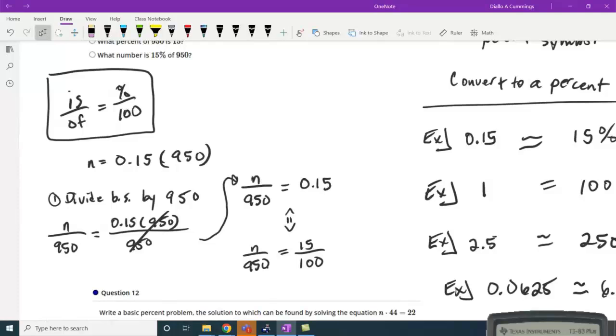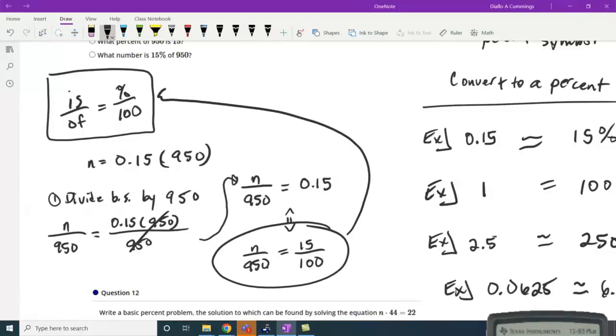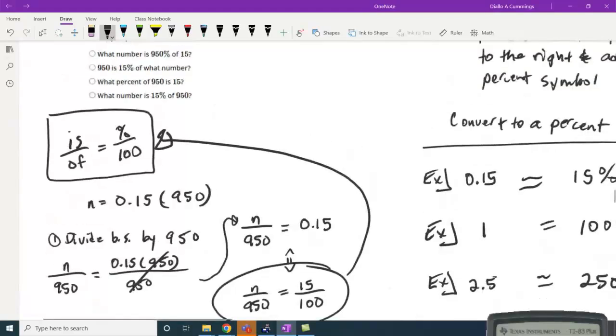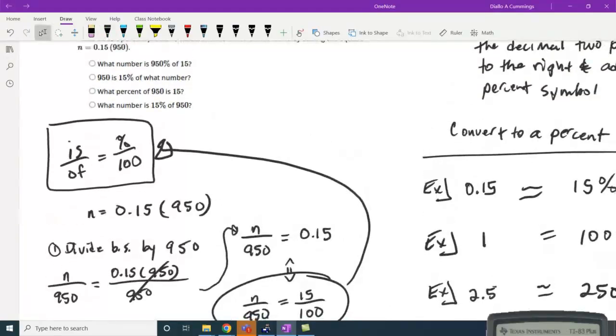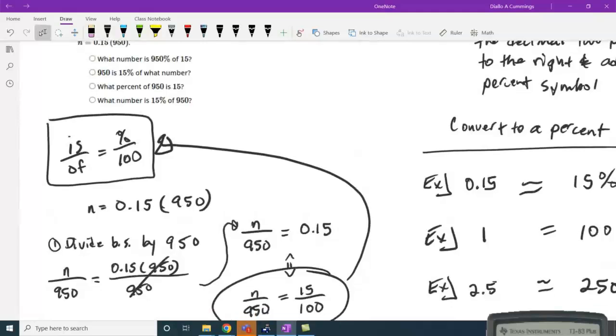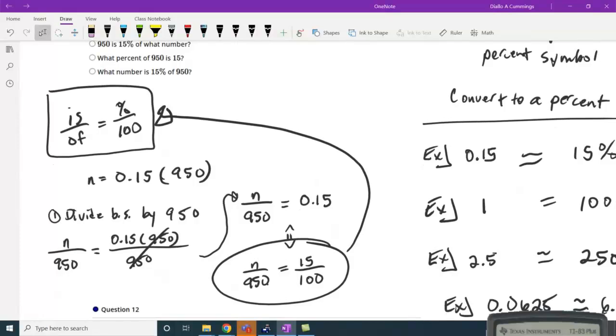Now I'm going to use this percent equation to interpret the answers. I don't know the is part. I know the of is 950. And I know my percentage should be 15%.